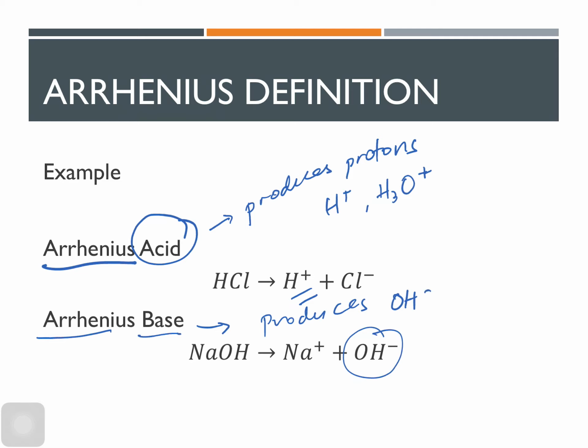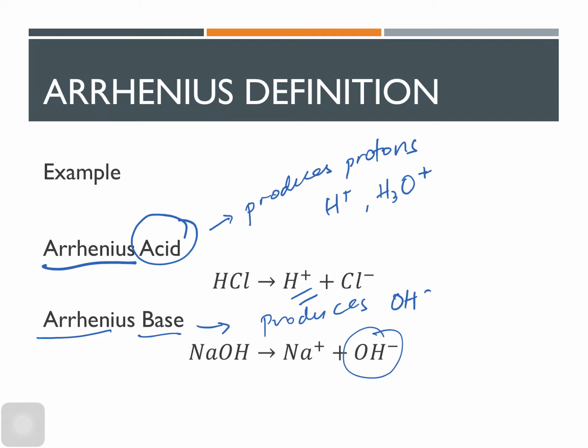However, Arrhenius's definition is quite limiting because later on, as chemistry progressed further, they found out that the Arrhenius definition for acids and bases is limited only to those substances that produce H plus and OH minus. What if they do not produce H plus and OH minus?